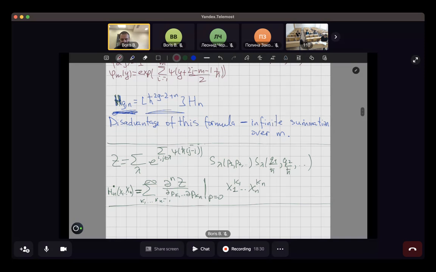This is the sum, infinite in both directions, in these m variables. So it is the sum over m_i from minus infinity to infinity. Maybe let me write x_1 to the power m_1, etc., x_n to the power m_n, times the correlator with m_1, ..., m_n, e.